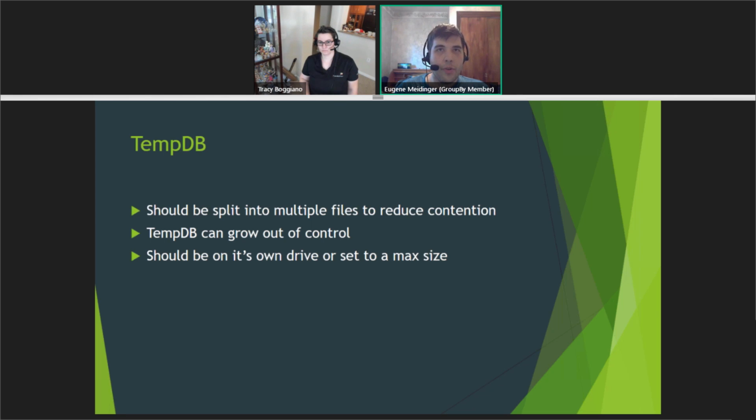With TempDB, you can screw it up, and generally you're going to be fine because any time you restart SQL Server, you get a new instance of TempDB. But if you take up all the drive space on C, maybe you're not able to log back into the server. Or if you take up all the drive space on your data drive, if you have one, hopefully, then maybe SQL Server is not able to write to the log or something like that. So you either want to set a max size or make sure that TempDB is isolated in some way so that it's not going to just run rampant.